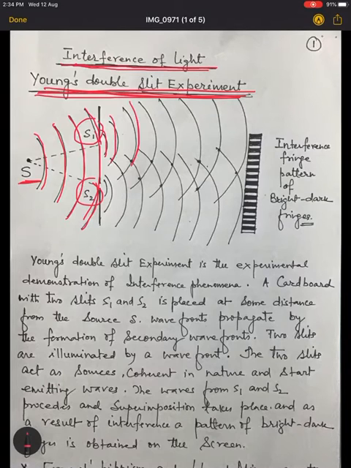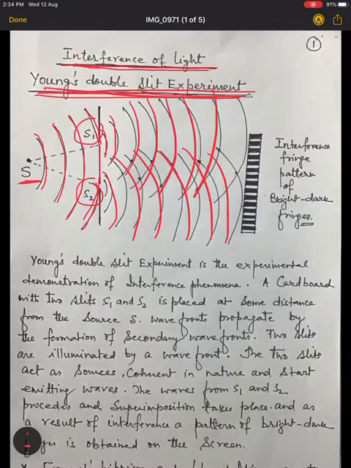Now the waves from S1 and S2 propagate in the medium and superimpose over one another and form these interference fringes, that is, a dark and bright pattern of fringes.